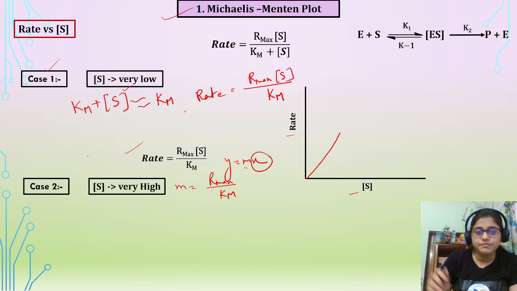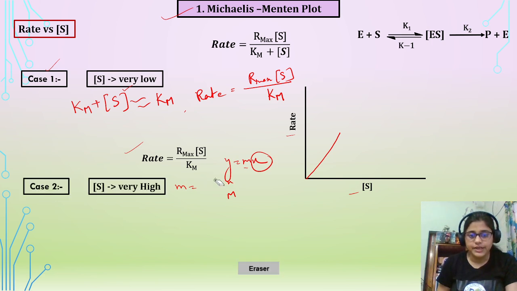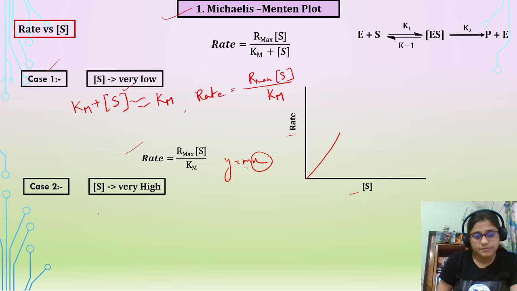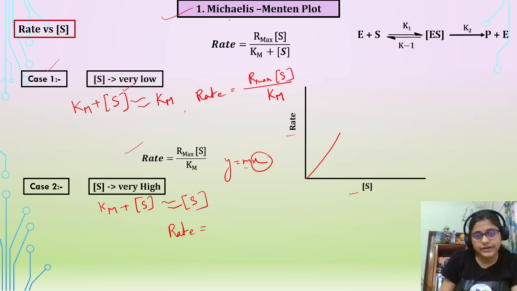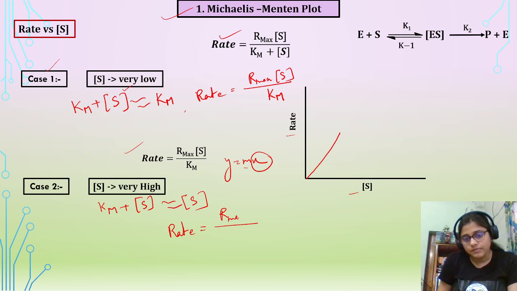After that, case 2 is when S is very high. When S is very high, the opposite thing happens, which means in Km plus S, S is very high, so we can neglect Km here. So we can write that this is S. When you put the value in the rate equation, it will be R max into S by S, and we can cancel it.